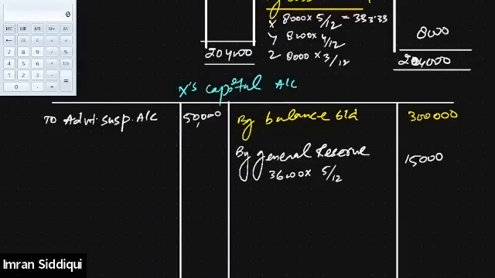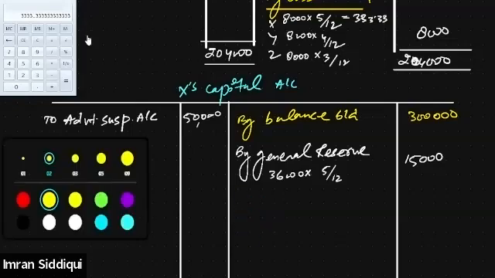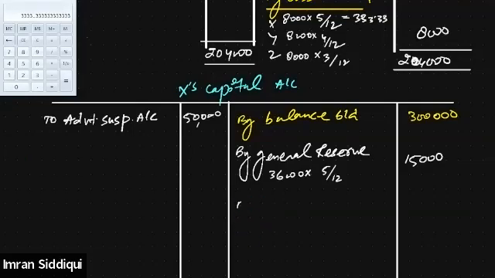I think this will be 3,333. 8,000 into 5 by 12. Sorry, 3,333. So we'll write that here as well, by revaluation account 3,333.